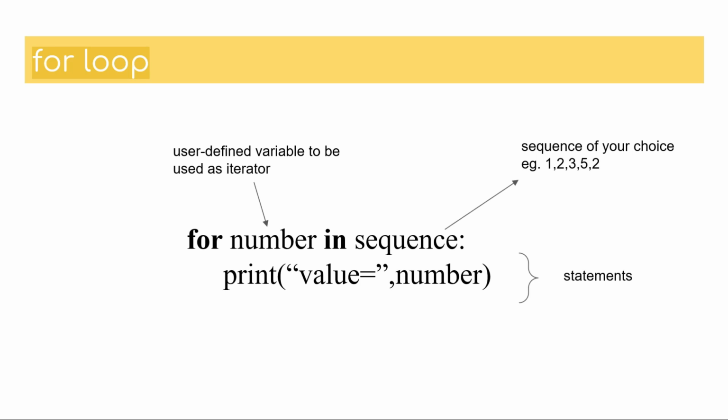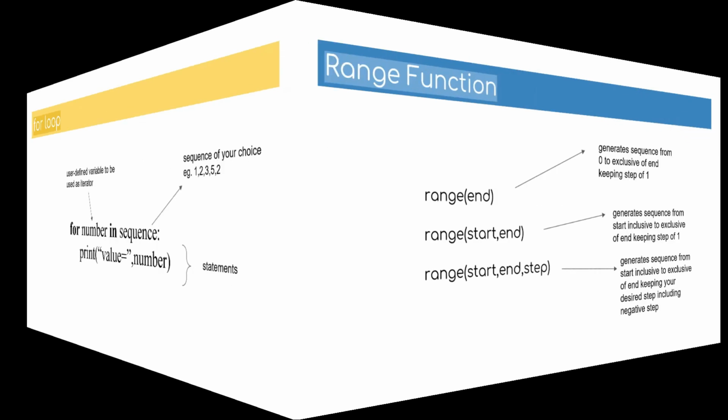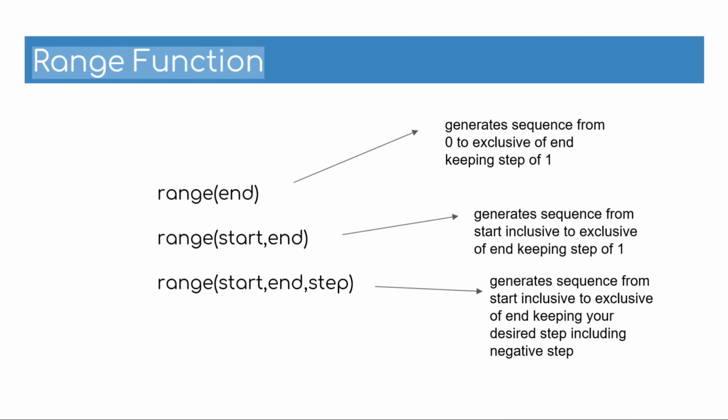So now we are going to discuss things which are helpful in for loops and in while loops. It is the range function. Whenever you want to generate a sequence, you can generate it with the help of the range function. By default, it generates a sequence from 0 to exclusive of the end.